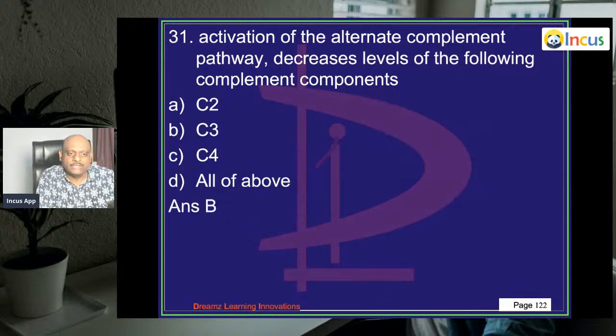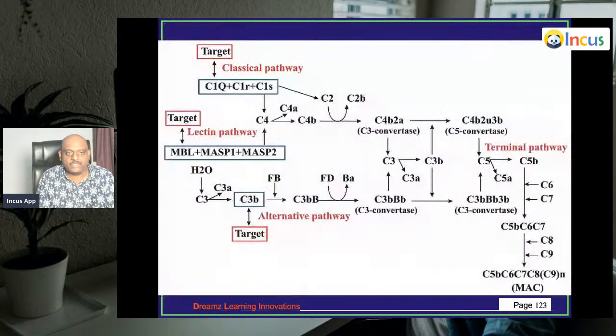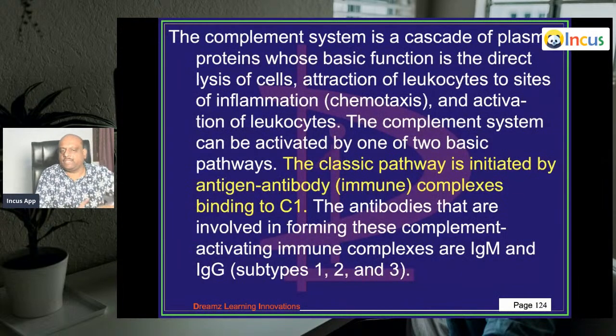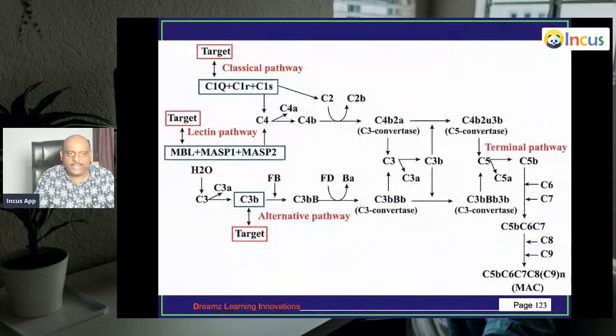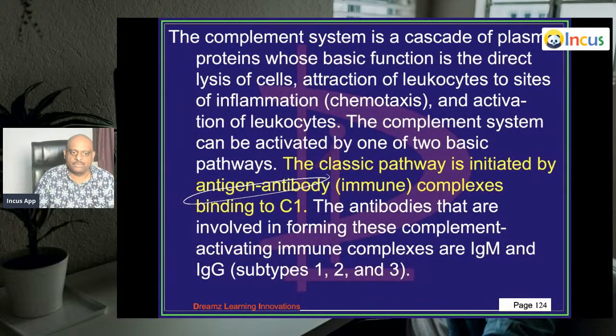So, doctor, alternate complement pathway versus classical complement pathway, what is the difference between the two? It is an important question. Very simple, doctor. In the classical pathway, it is the antigen-antibody immune complex which initiates it.